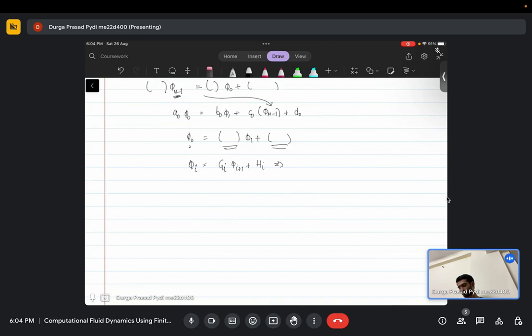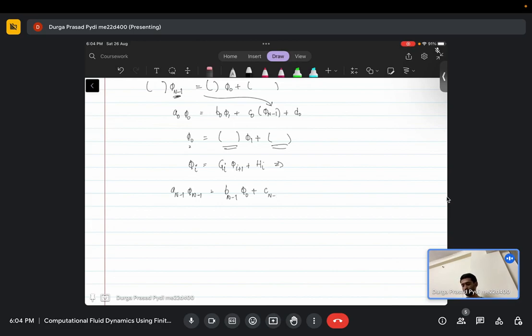For the last cell you will be getting something like phi n minus 1 equals g n minus 1, or I should write it for the last but one cell. So a n minus 1 phi n minus 1 is b n minus 1 phi n, which is essentially phi 0, plus c n minus 1. Sorry, this is for the n minus 1 cell, so it will be b n minus 1.